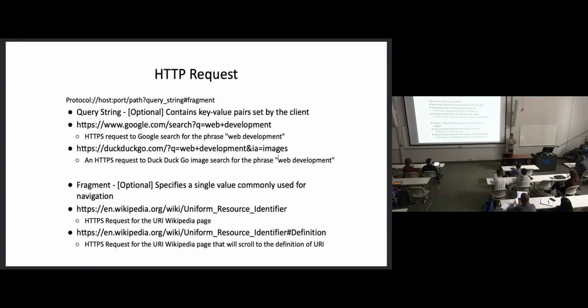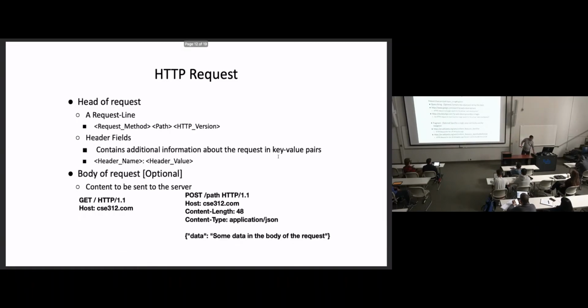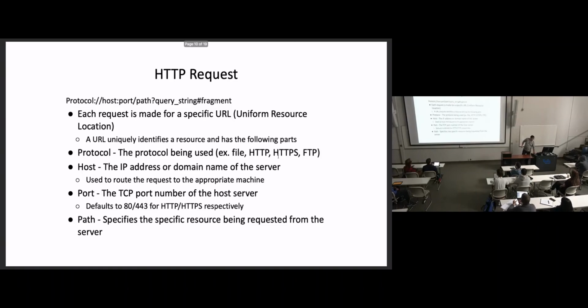So if I get a request on port 80 or 443, the top level router of my network, I'm going to have it forward that traffic to my web server. So that's called port forwarding.